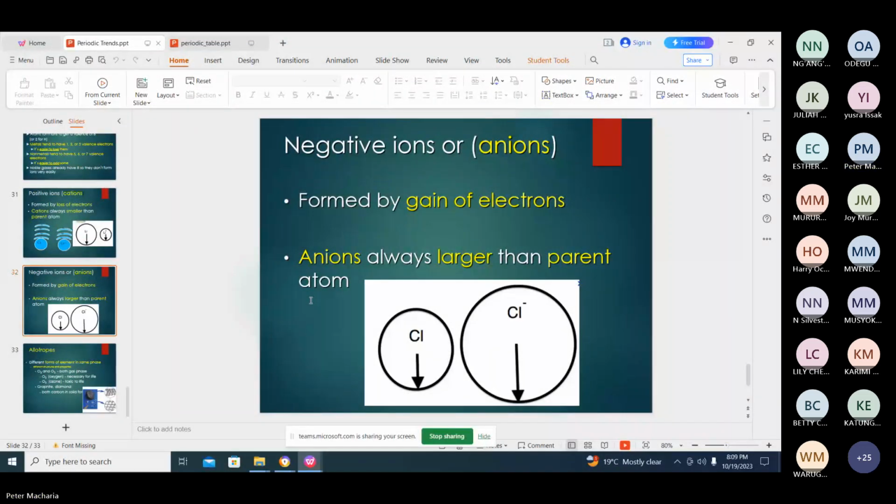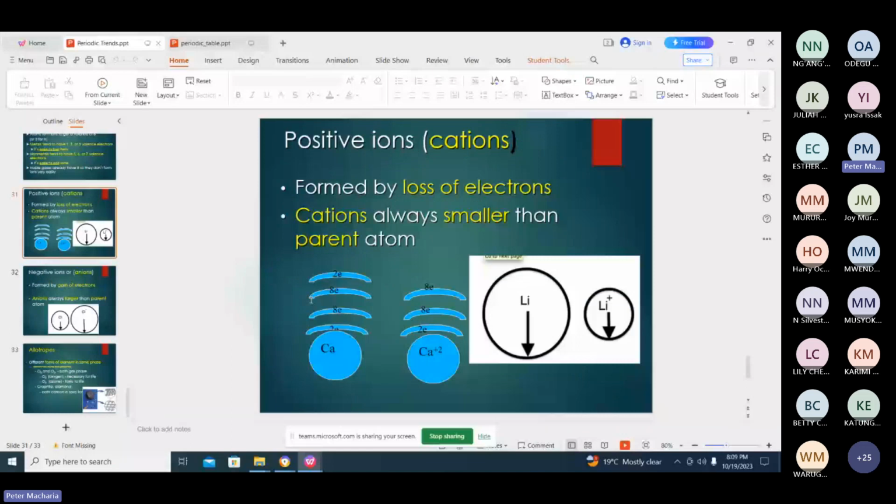If an element, for example lithium, loses its outermost electron, it no longer has an electron in principal quantum shell number 2, and therefore the radius decreases. So metals form positive ions by losing electrons, and the ions, which we call cations, are smaller than the parent atoms.